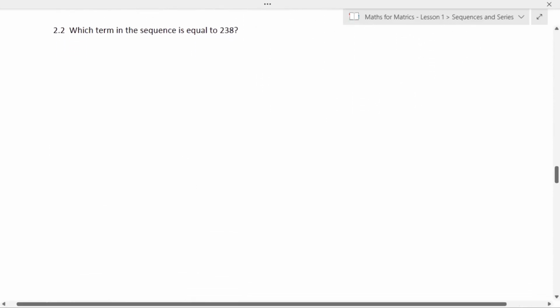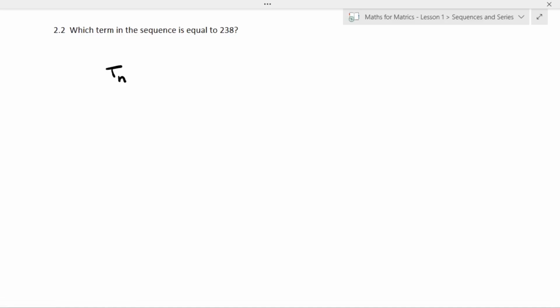2.2. Which term in the sequence is equal to 238? Tn is equal to 9n plus 4 is our nth term. To solve for the term number, we have to substitute Tn with the value of that term, which in this case is 238. So 238 is equal to 9n plus 4.